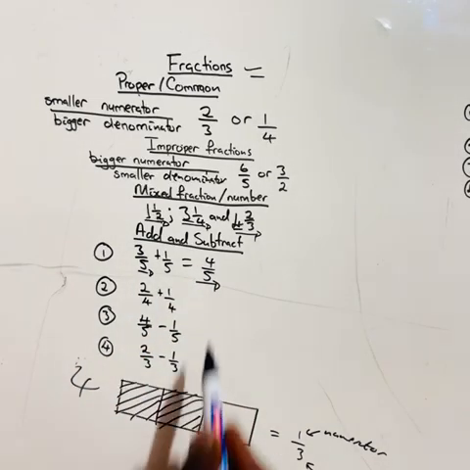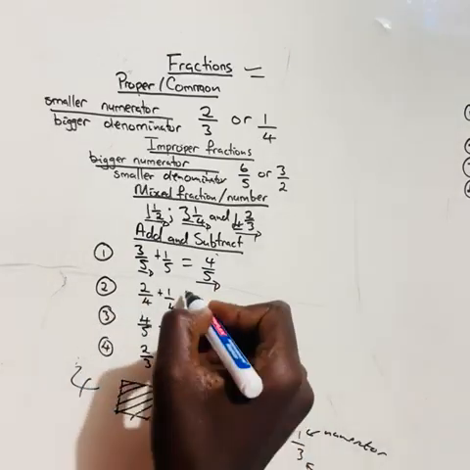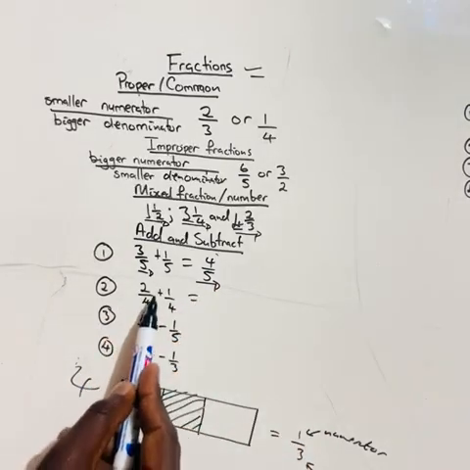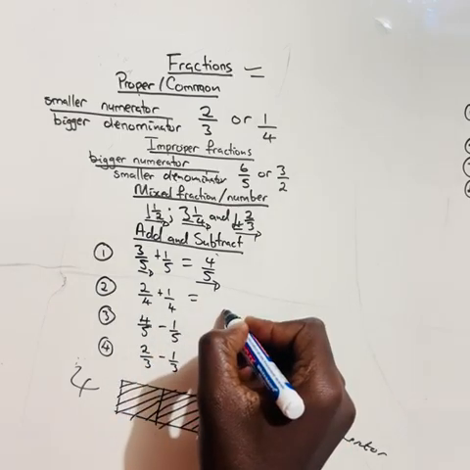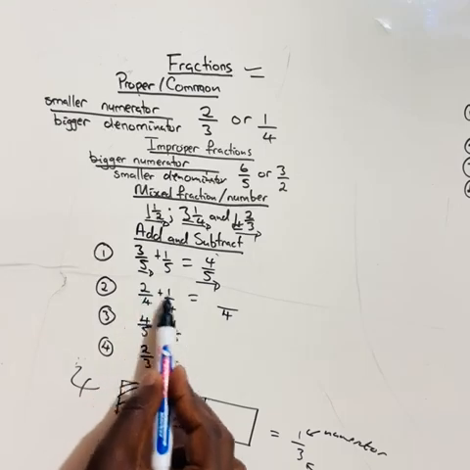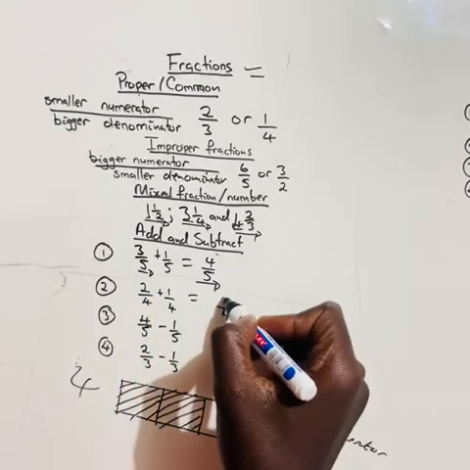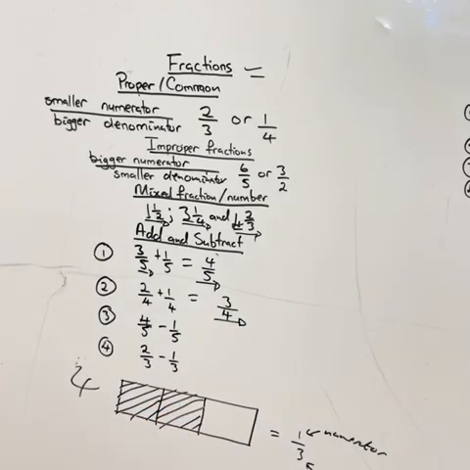The answer is no. So this is the final answer. We go to the second question where we are given 2/4 plus 1/4. There's a common denominator, so I start by writing out my denominator 4. Then I add the numerators. 2 plus 1 is equal to 3. So I've got 3 over 4 here. And likewise, this is the final answer.